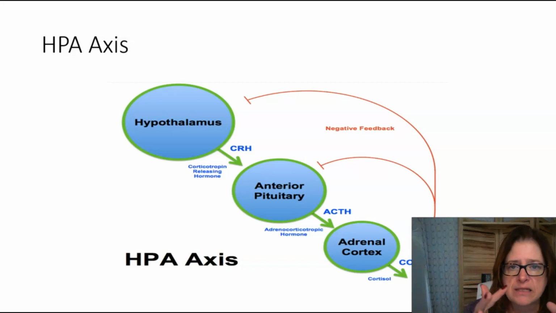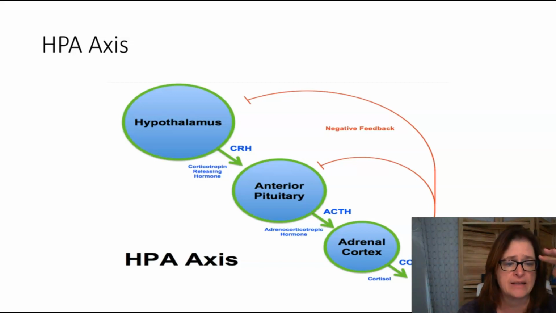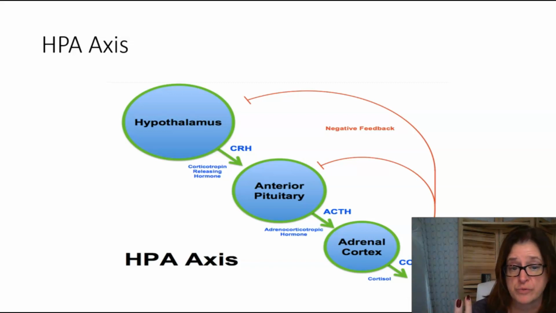The weird thing is that the HPA axis in hyperactive mode eventually kind of poops out, and we end up with a less perky stress response over the long haul, which means they're less able to deal with stress, they're more likely to have depression, and lots of other areas of problems with cognition can occur.